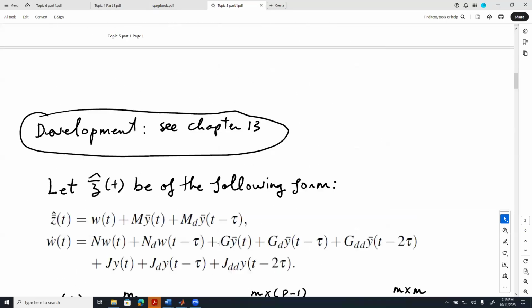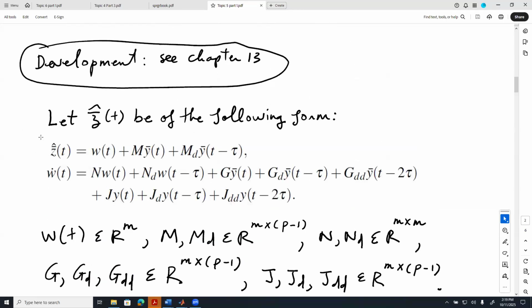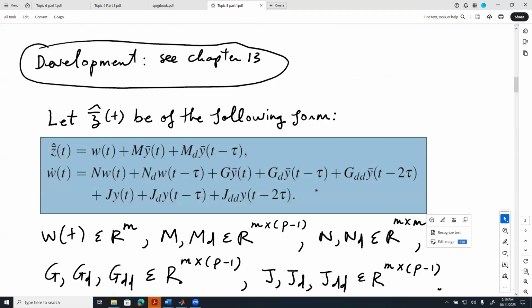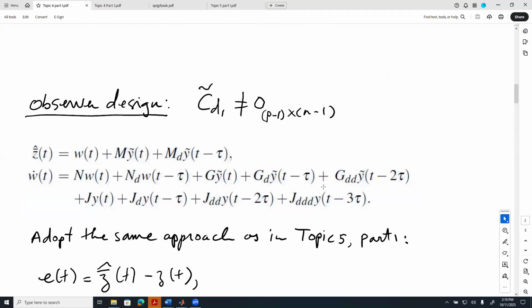It's a kind of similar structure. This structure here, because of the delay in the output measurement, we also have this extra term in there, but that's to counteract the multiple delays in the output measurement.